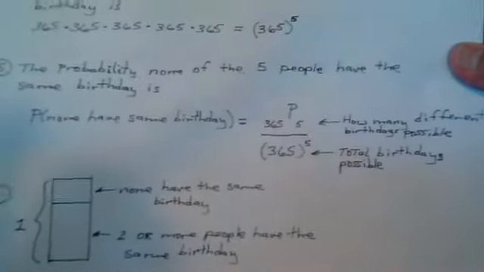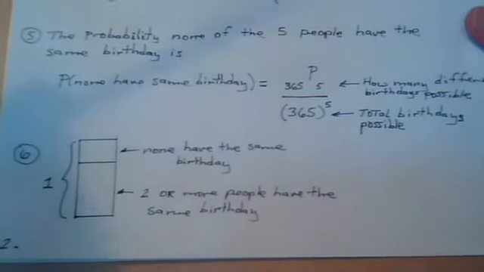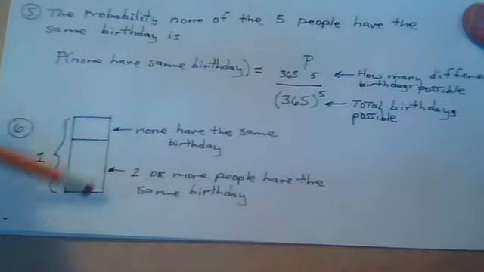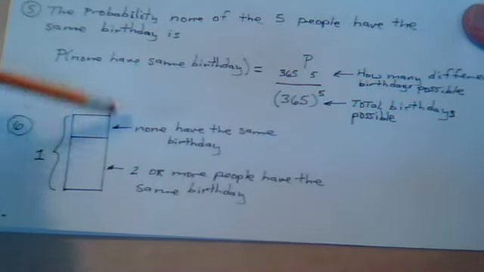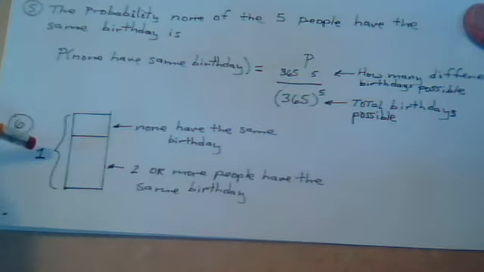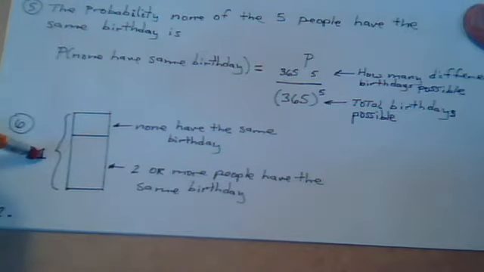Now let's go to this diagram to understand the next step. If this is our universe of birthdays, the universe always has a probability of 1 in decimal form, 100% in percent form. So the universe always gets a probability of 1 because it has all possible outcomes.